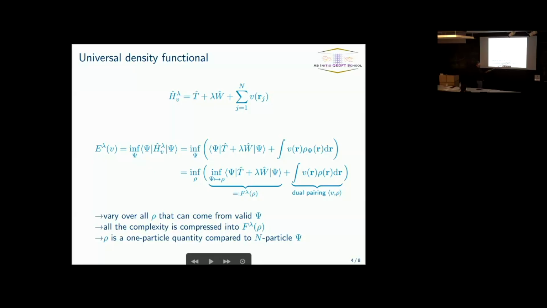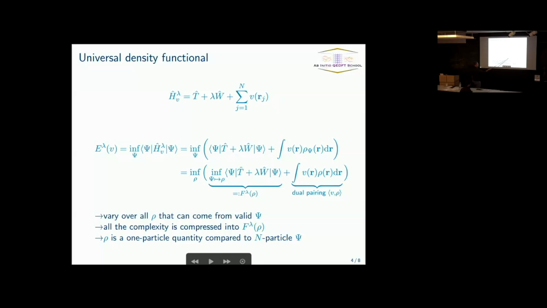It's a functional because it maps a function to a number, that is called a functional. And if I know that, I'm done. I can calculate the ground state energy by making this simple variation problem over only densities, which is a very primitive quantity compared to wave functions.